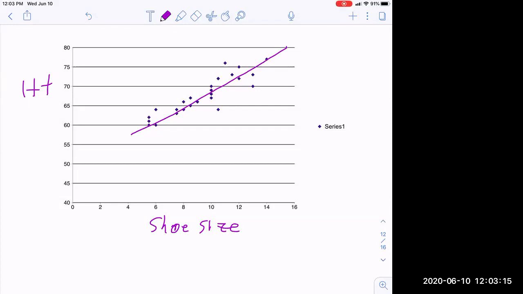Excel gives me two things. It gives me the equation of this line, and it gives me an R² value. I want to look at what the line tells us, and then I want to look at the R value, because I have R² right now.